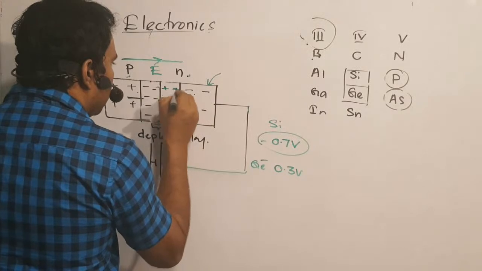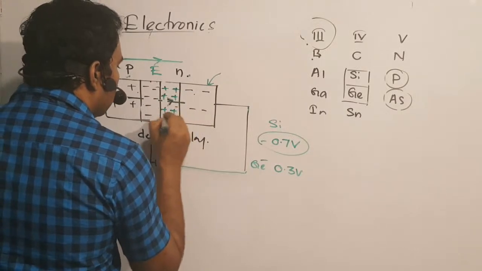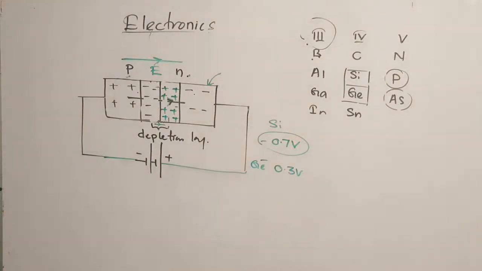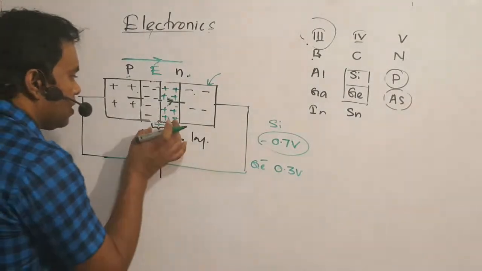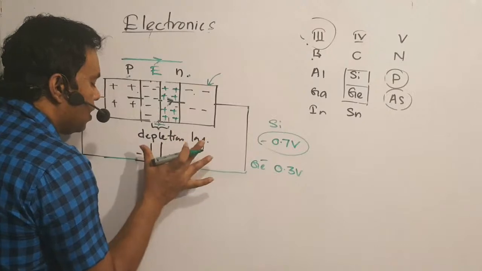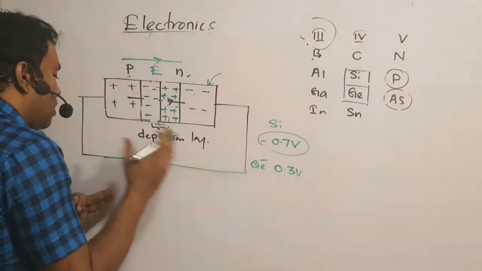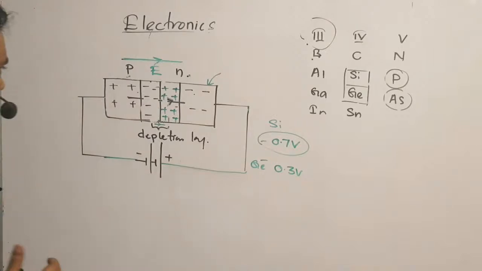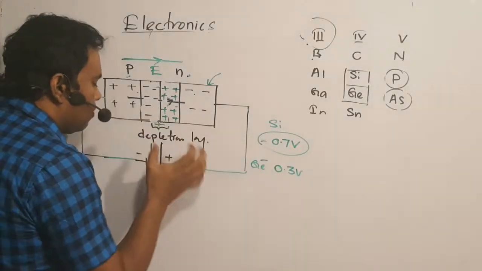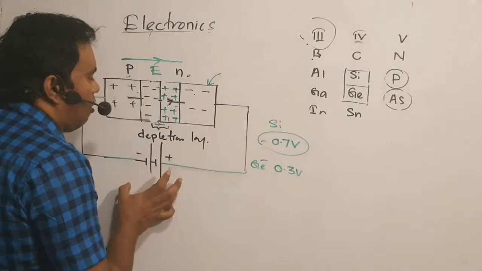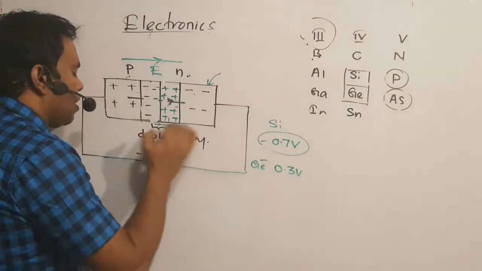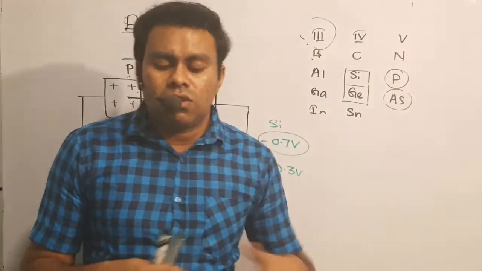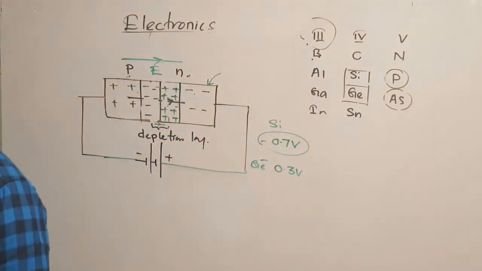This inside becomes a somewhat broader positive layer and the potential barrier increases because of this broadened depletion layer. Potential barrier increases. The diode does not allow an electric current to pass through it in the state of reverse bias. මේ වෙලාවේ අපි කියනවා diode එක reverse bias වෙලා කියලා. So it does not allow an electric current to flow.